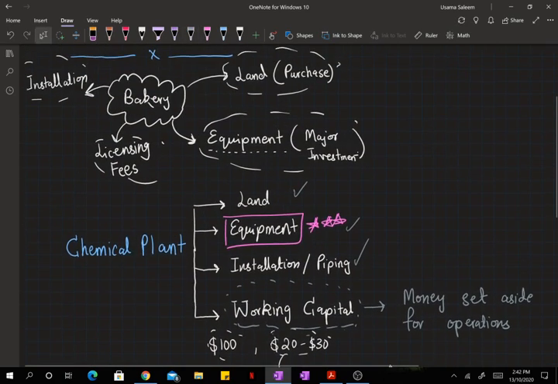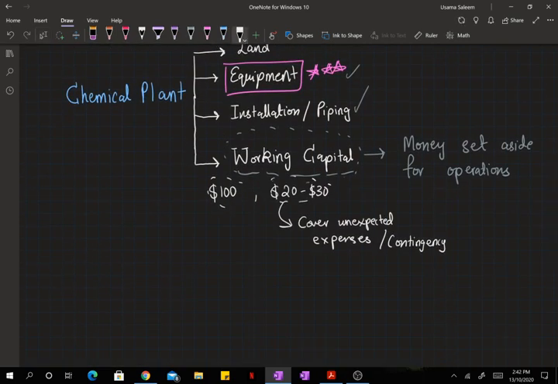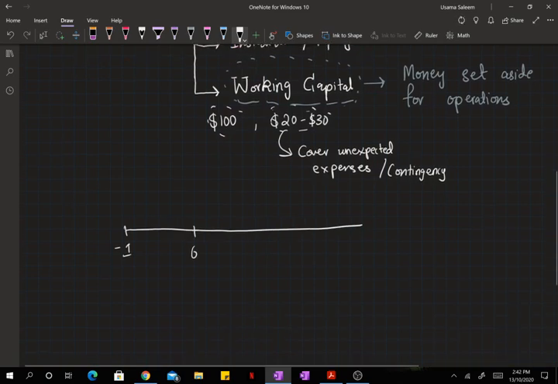All right. And let's see, on the cumulative cash flow diagram that we drew earlier, our cash flow diagram, if you remember, looked something like this. So we purchase land.